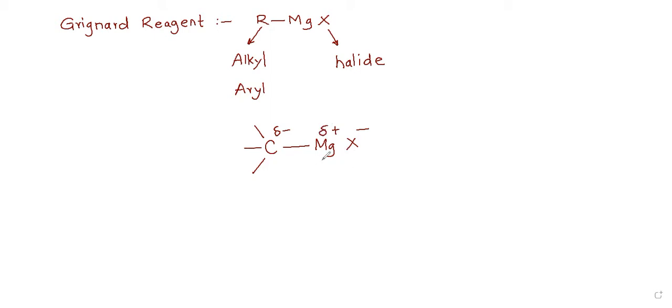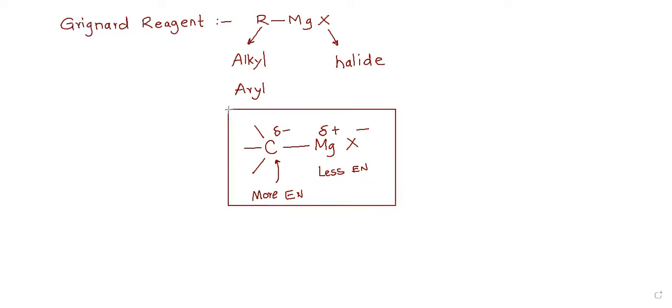Reason being that magnesium is less electronegative and carbon is more electronegative. Usually in most cases, what we see is carbon getting a positive charge in many of the functional groups. Grignard reagent is the one reagent which you are going to study where carbon gets a negative charge.